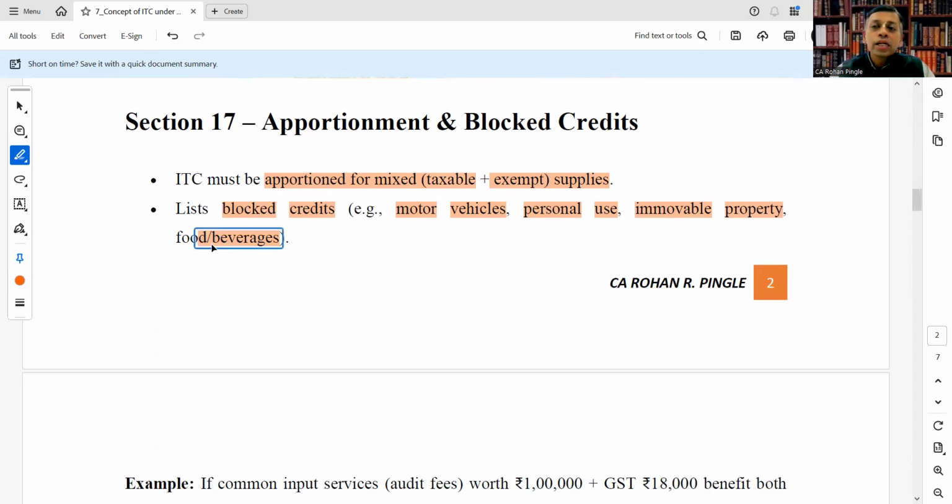In case of motor vehicles, when both the supplier and the purchaser are dealing in motor vehicles, there are a few cases where you can use that ITC. But otherwise, these are the block credits. You cannot use ITC under any of these covered goods or services.